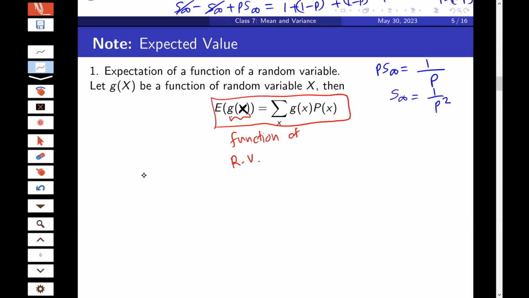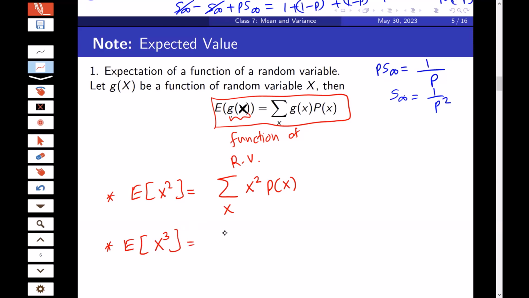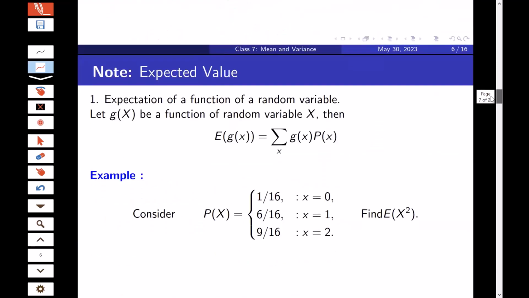For example, if you want to find E of X square, you can find this expectation by using X square here. If you have some function of X, you use the same function as it is, times P of X. In another example, if you want to find X cubed, then it should be X cubed here, times probability of X. So that's how you can find the expected value of a function of a random variable.